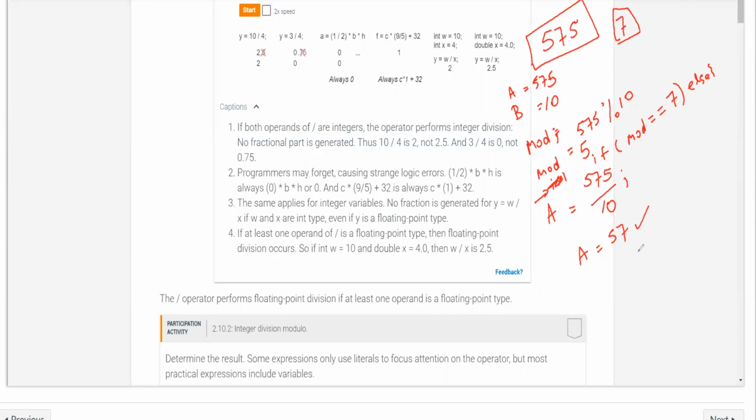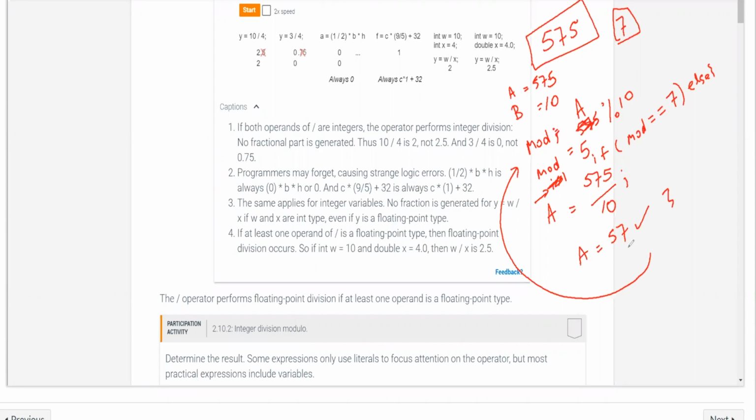So that's the good part. This is the example of using the integer division instead of a float division. Then again I do the same whole process to find the next.